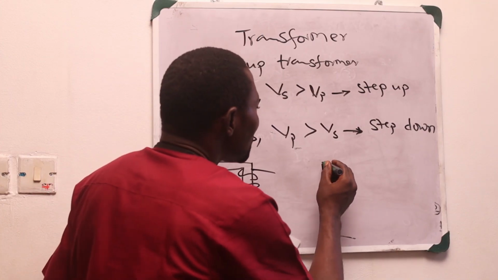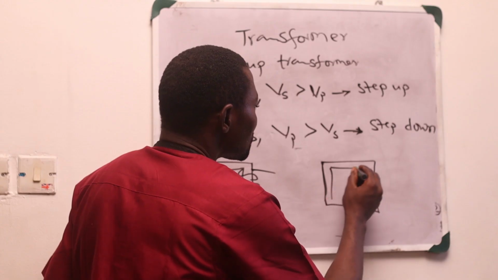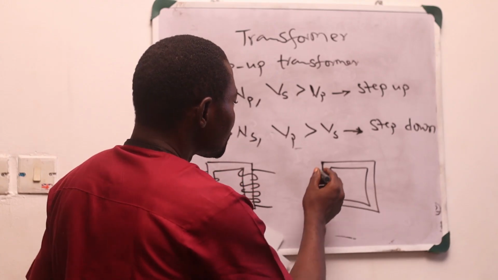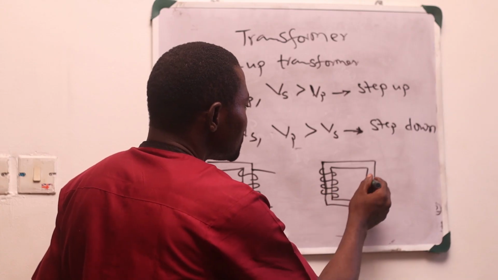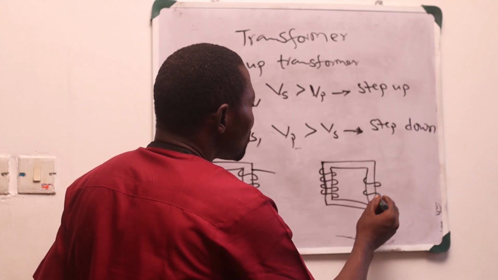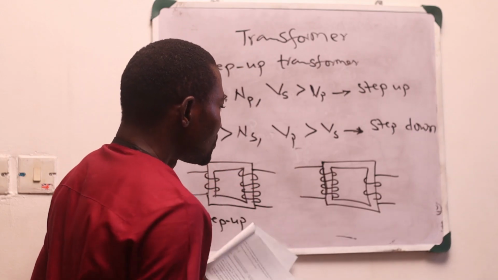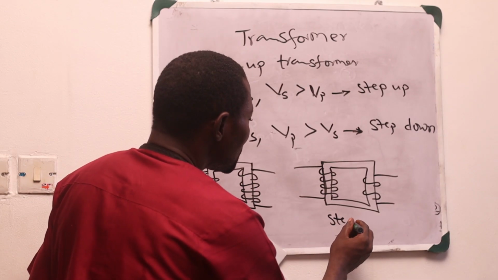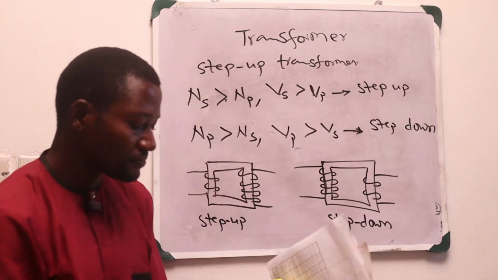Then for a step-down transformer, we can represent it. Here the number of turns in the primary is greater than the number of turns in the secondary. So this is the step-down transformer.